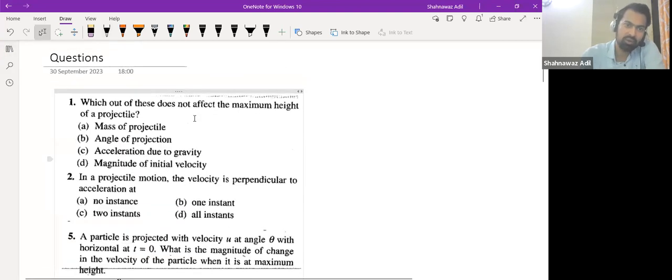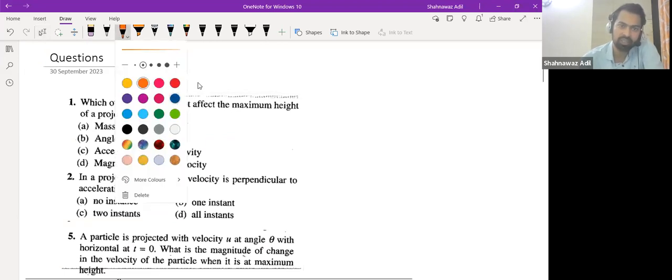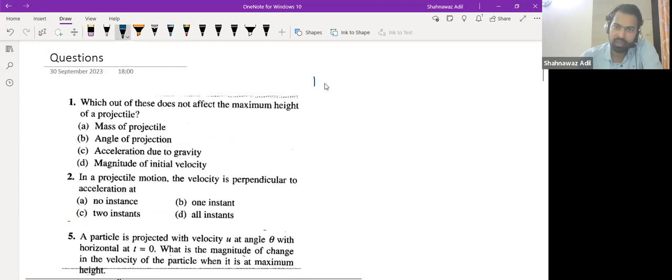Which out of these does not affect the maximum height of a projectile? First let us write what the maximum height of a projectile is. It is u square sin square theta by 2g.